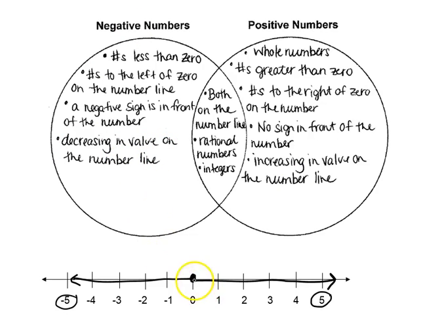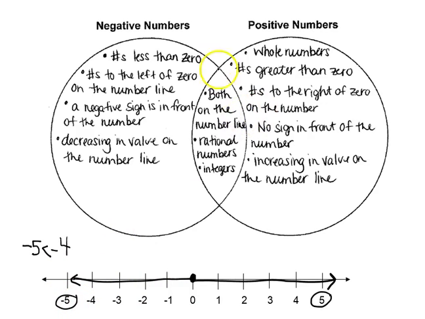So really, on a number line with negative numbers, the further you go to the left on the number line, you're actually getting smaller in value. So if I were looking at negative 5 and negative 4, negative 5 is less than negative 4 because it's actually further from 0 on the number line.